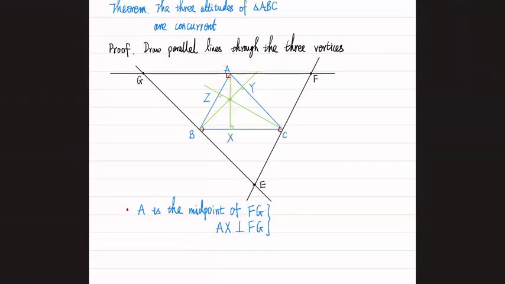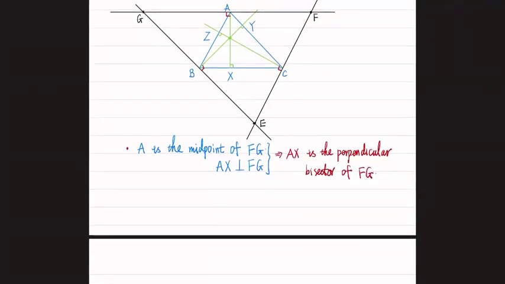So this is the perpendicular bisector of FG. Okay, so AX is the perpendicular bisector of FG.